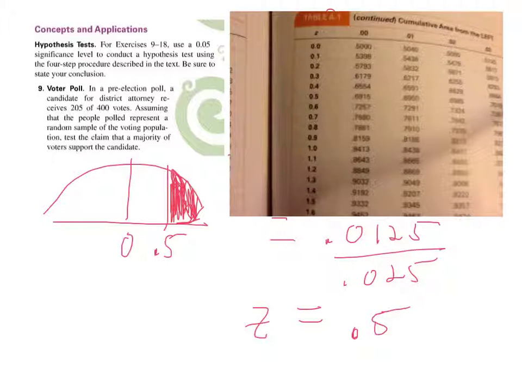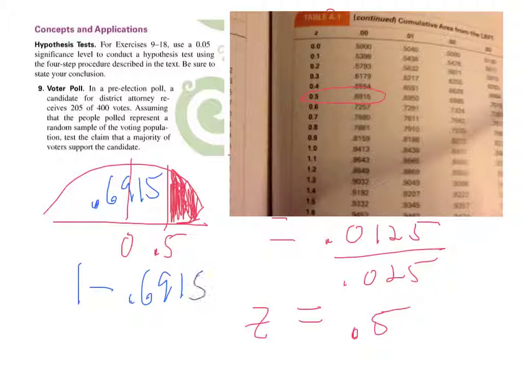Looking at this table, when z equals 0.5, I'm getting 0.6915. That's this area to the left, so to get that red area to the right, we have to do 1 minus that.